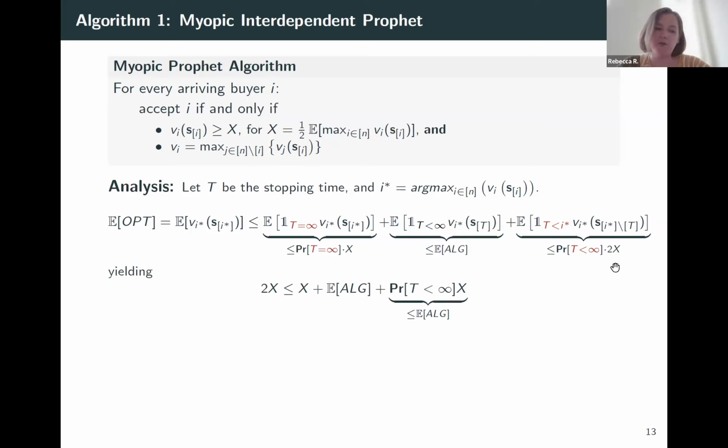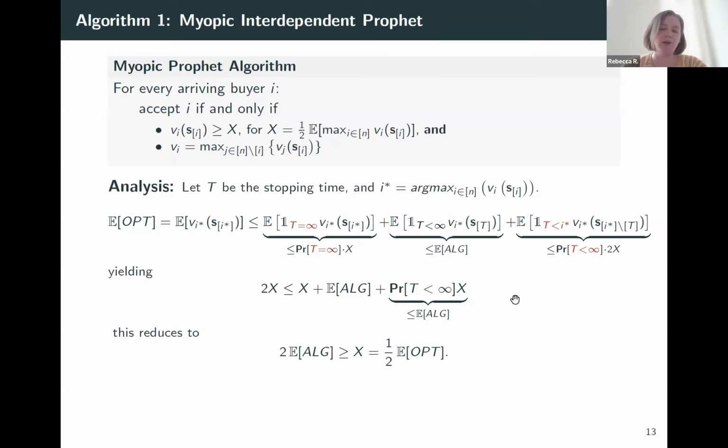So we can write this if we replace the left-hand side with the expected opt by just 2x, which is the same as 2x mod equal x plus the expected algorithm gain plus the probability that we stop before infinity times another x. Let's bound the right-hand side of this also by expected algorithm value, because we already did that above. And then essentially this reduces to 2 times alg is greater or equal x.